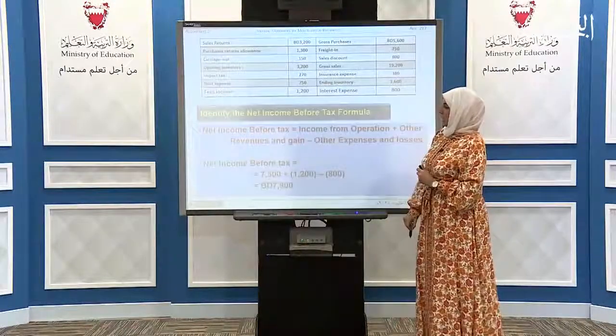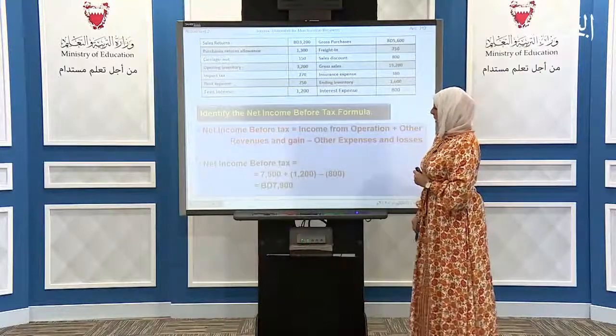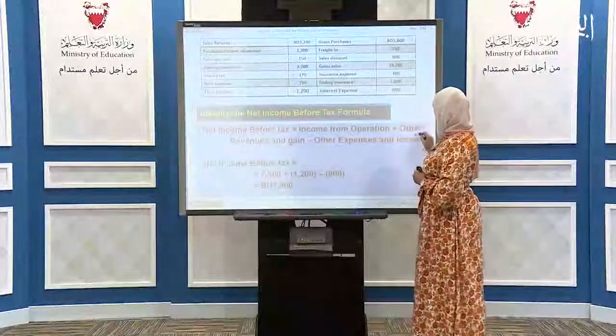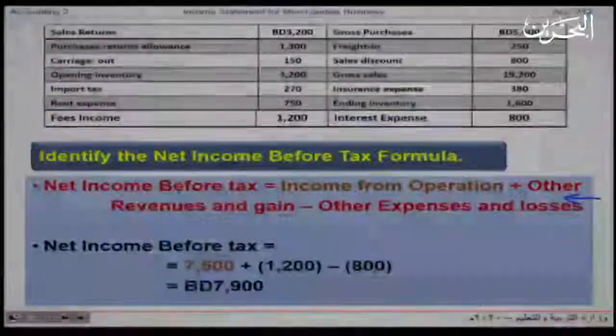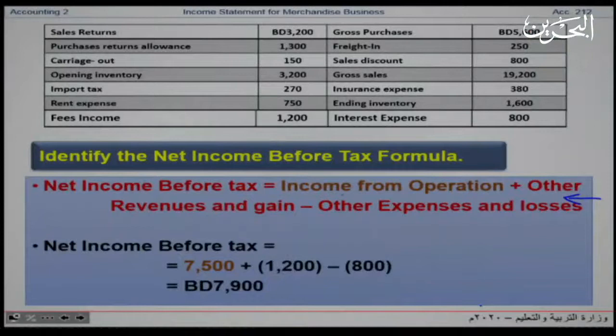Moving to the net income before the tax, I can find it by applying this formula. Let us take a look at our formula. I will take the income from operation, the figure I found in the previous slides, and add to it other revenue and gain by Abdullah Company, and subtract other expense and losses. Let us take a look at the data of Abdullah Company.